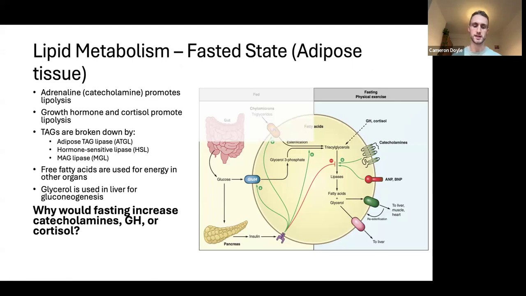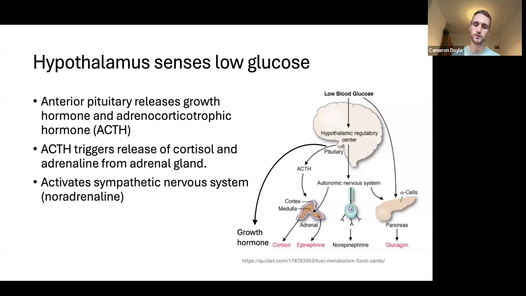Yeah, and then in the fasted state, essentially the opposite process is happening. And this is activated by hormones like adrenaline, which is a catecholamine, growth hormone, and cortisol. But why would you increase those molecules? In the fasting state, your hypothalamus in your brain is going to detect the low glucose, and this will send signals via the anterior pituitary gland to release the hormone ACTH, which then acts on the adrenal glands to increase cortisol and adrenaline, and also acts via the sympathetic nervous system through noradrenaline.